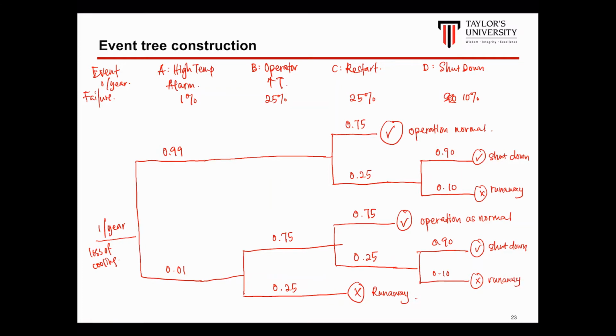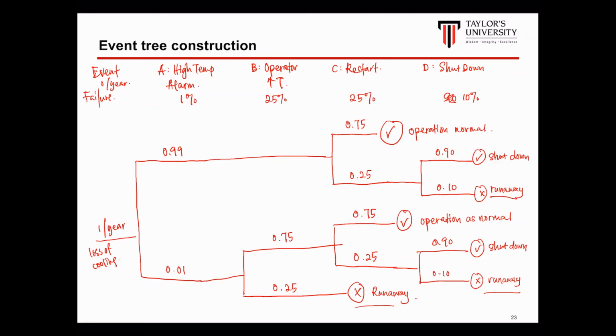If we want to calculate the failure of these situations, we have this failure here, 1 times the second and third. So what we do is we multiply all this data.